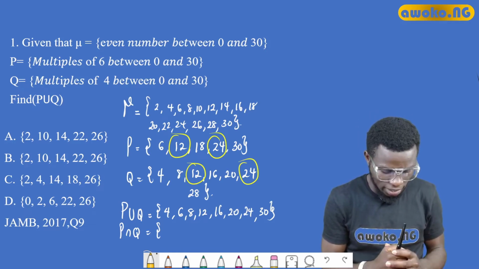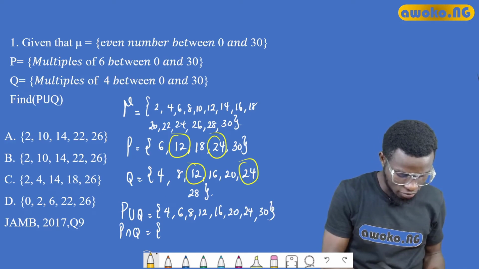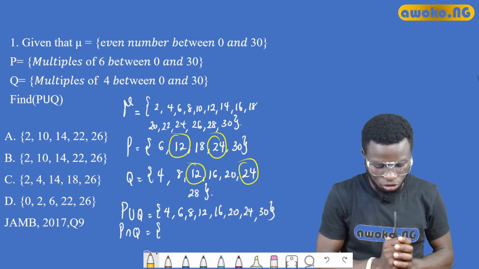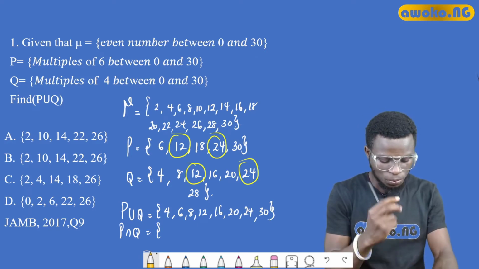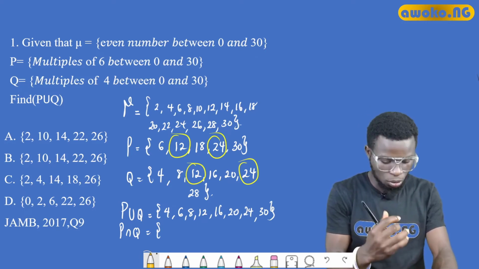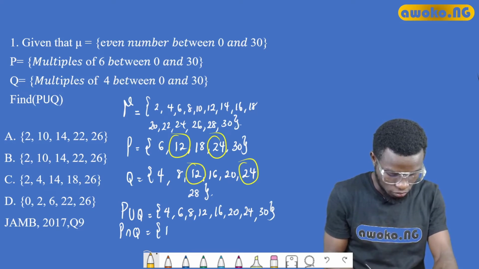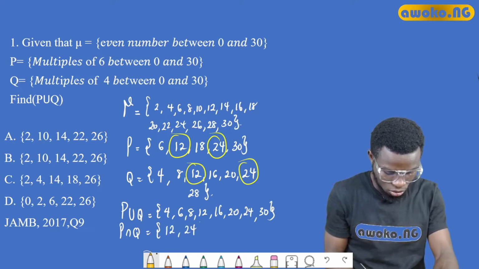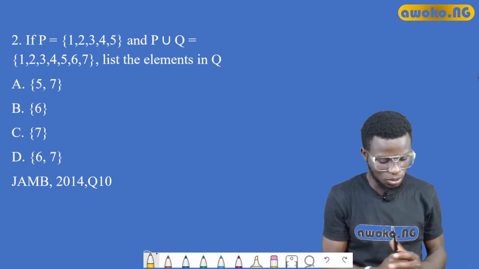Is there any other element common to both P and Q? Of course not. So P intersection Q, the list of elements common to both sets P and Q, gives us 12 and 24.